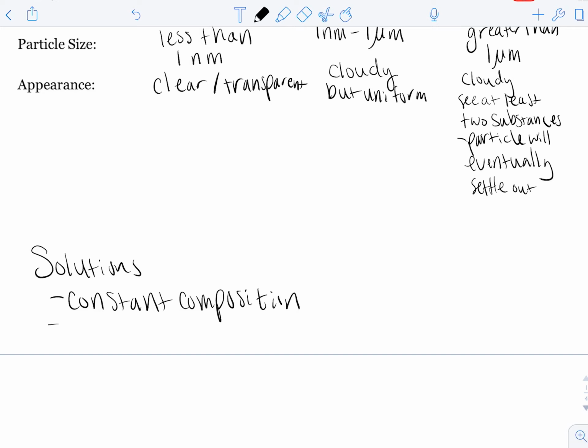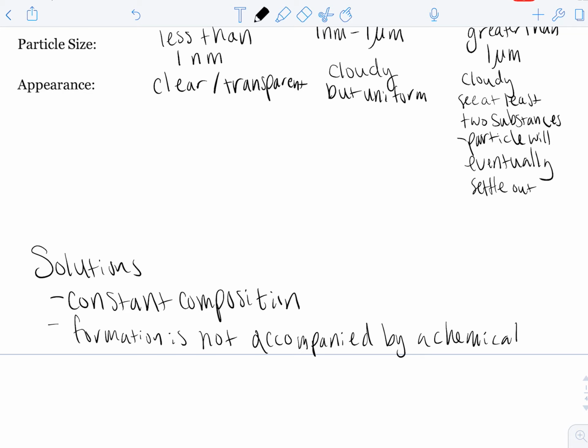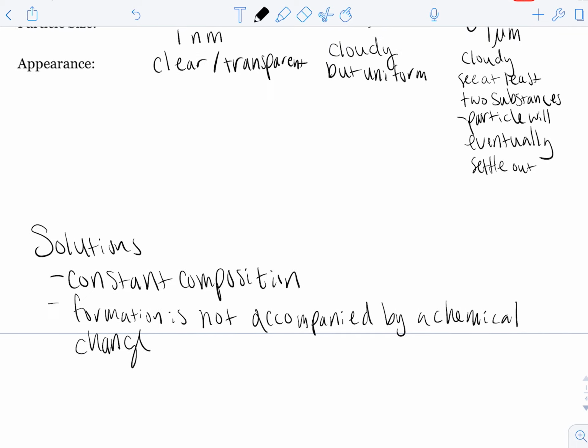And when we form these, no chemical change occurs. In just a minute, we'll look a little bit more at that.